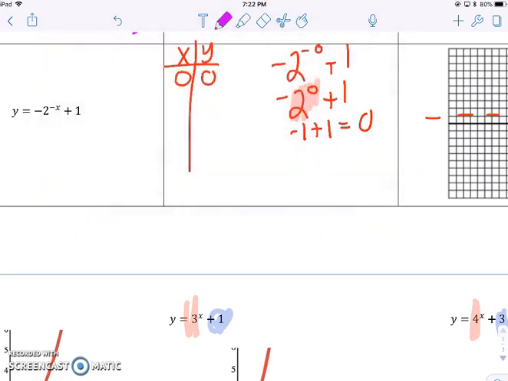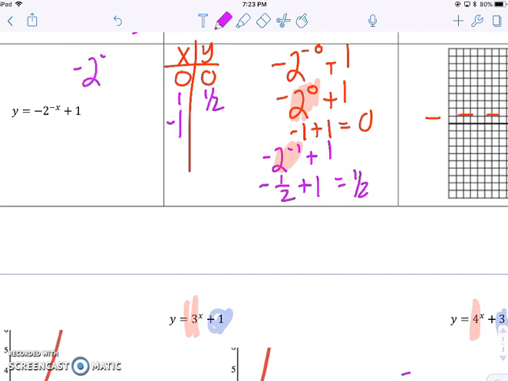Let me see. What if I did 1? Negative 2 to the negative 1 plus 1. So this would be negative, again, I'm taking care of this exponent part first. So negative half plus 1. Well, that's half. Well, what happens if we would do negative 1? So negative 2 to the negative negative 1 plus 1.